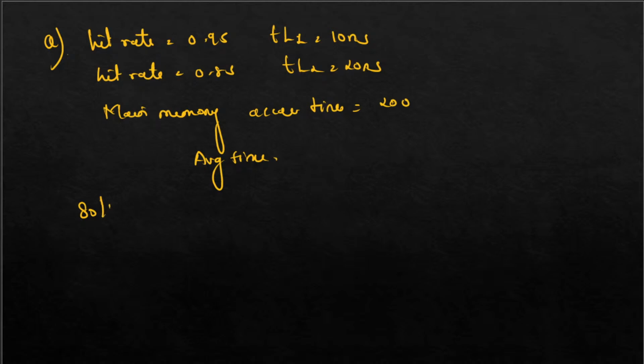So the solution of this question is like, see, first of all, the hit rate is given 0.9 and access time is given 10. After that, this is given, so it will be 11.85. Okay, and how it will be, because 0.95 access time will be there, which is of 10, plus miss will be there, which is of 0.05.